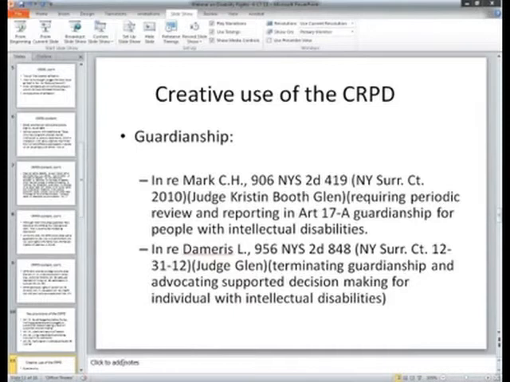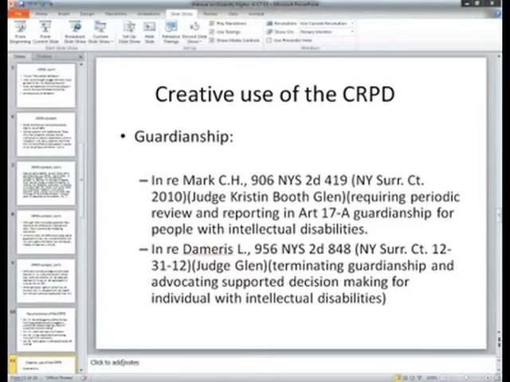And in each of these cases, Judge Glenn addresses one of the New York State statutes on guardianship. It's Article 17A, which is for people with intellectual disabilities, as opposed to the general guardianship statute, Article 81. And in one case, she uses Article 12 of the CRPD to support her view that a guardian must do periodic reporting on behalf of the individual for whom he or she is the guardian.